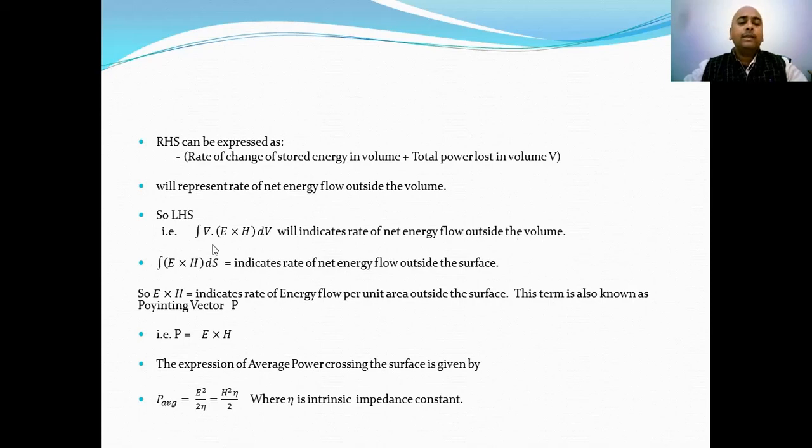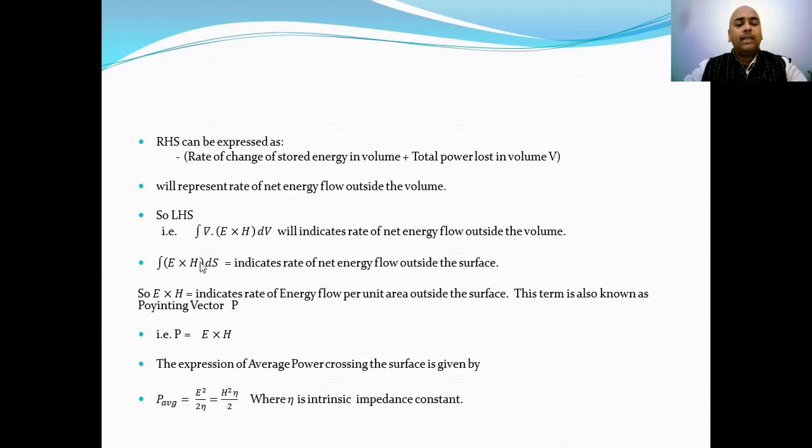Now by using Stokes theorem and by converting del dot E cross H over volume V into the surface integral, we can obtain that the integral of E cross H over surface S will indicate the rate of net energy flow outside the surface.